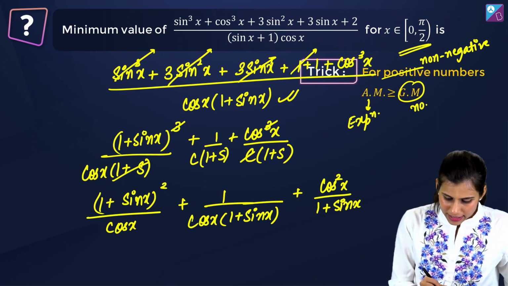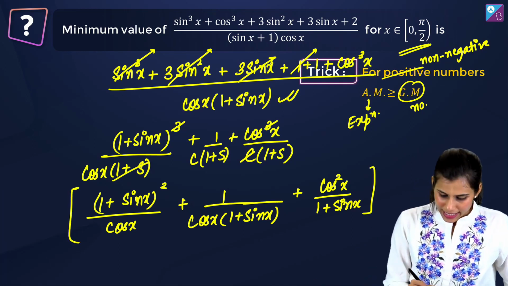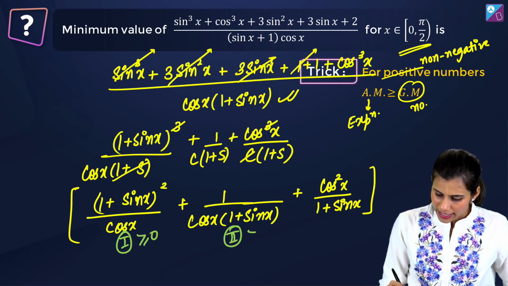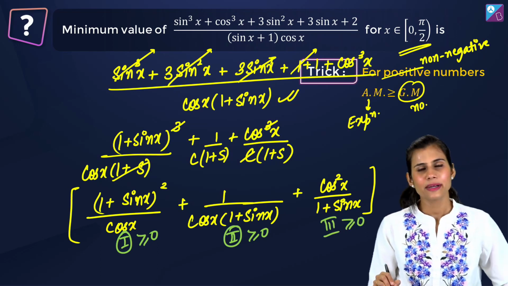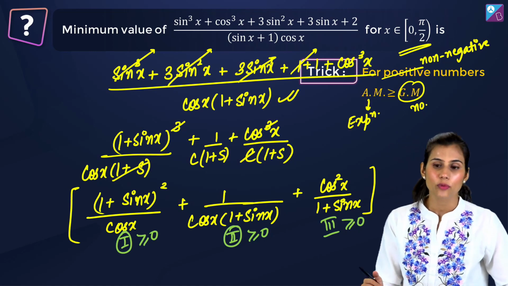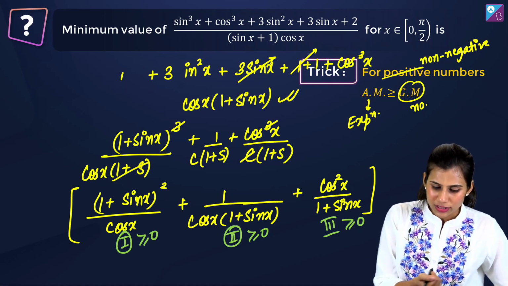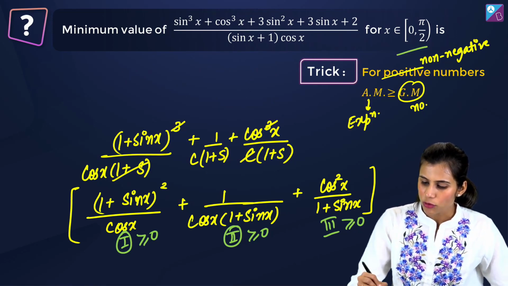Here, this completely is the expression whose minimum value I'm interested in computing. Let's say this is the first term, clearly it is non-negative. Let's say this is the second term, again clearly non-negative. Let's say this is the third term, again clearly non-negative. Why am I so sure it's non-negative? Because I was given in the question that the angle should compulsorily come from the interval closed at 0, open at pi by 2.